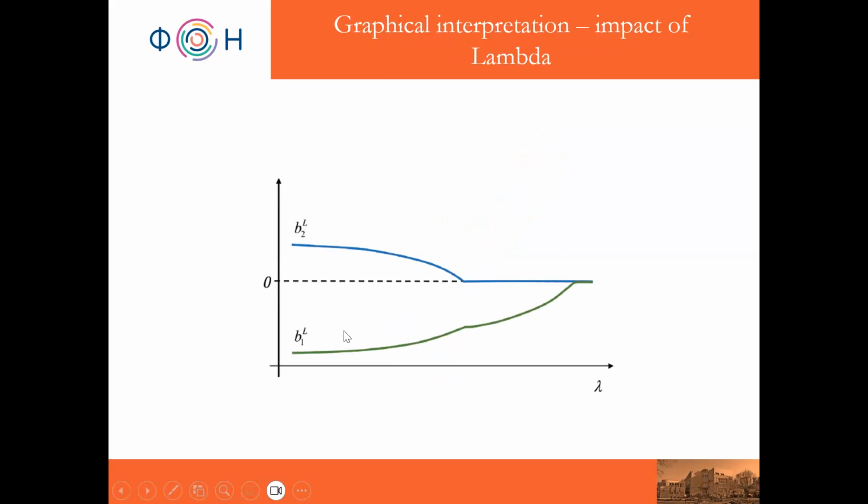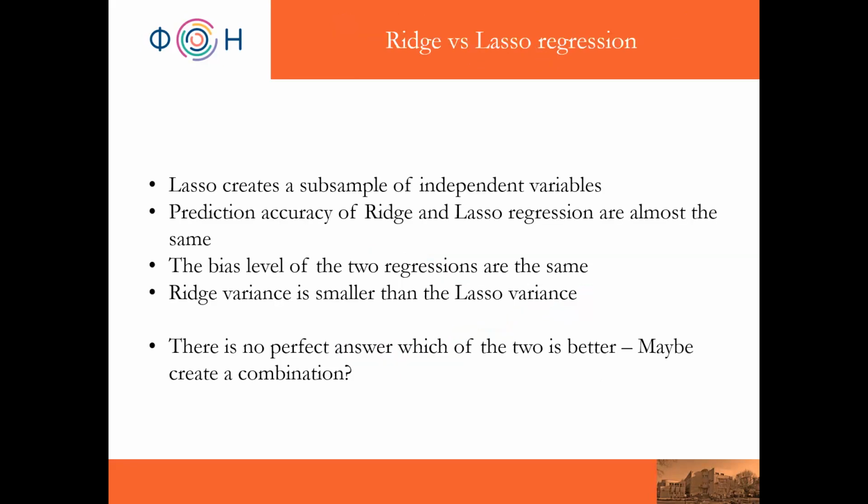So if you are interested in reducing the complexity of your model, lasso regression is maybe a better option, because it can, with more ease, reduce the values of your estimates to 0.